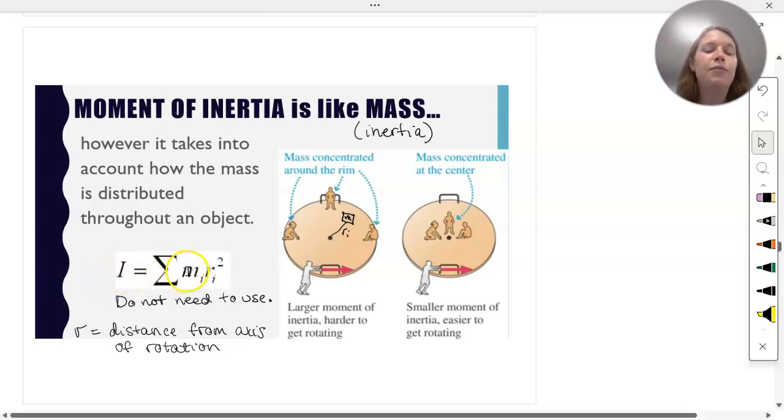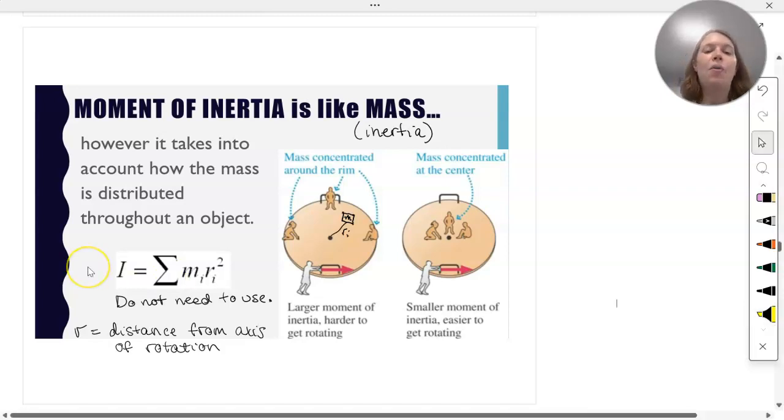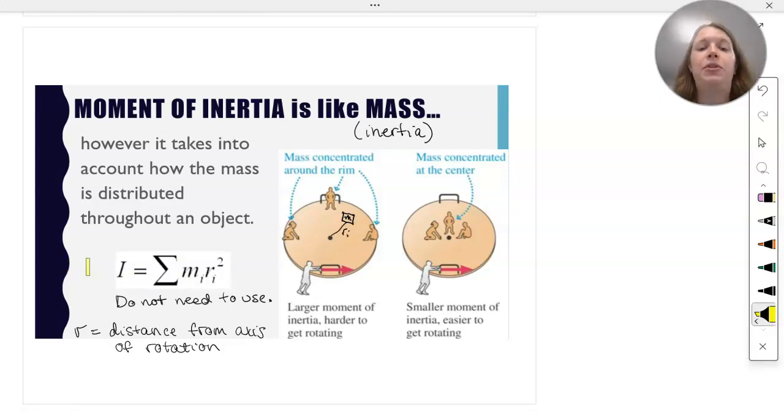The generalized formula for the moment of inertia is the sum of every little mass chunk times the distance that mass chunk is from the central axis, or the rotation axis, squared. So it depends more greatly on how far the mass is from the rotation axis and less on the mass. Now, we would add all these up to get the moment of inertia of a particular object.